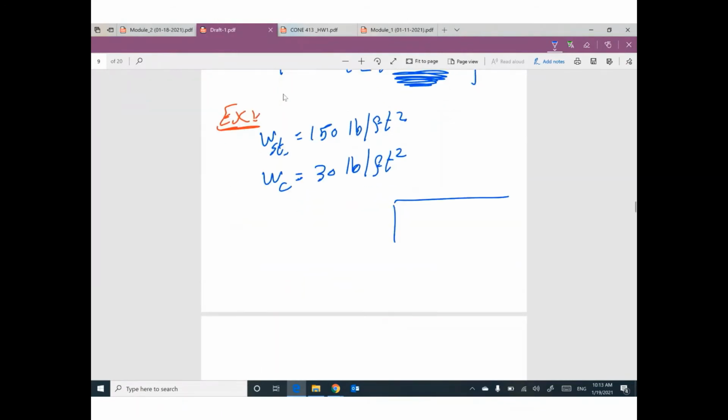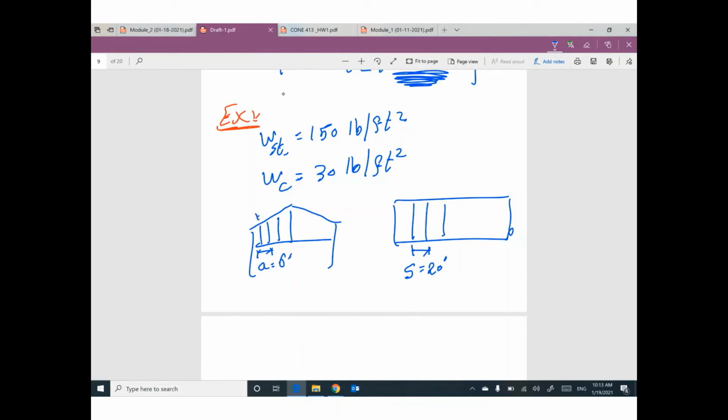I draw my layout and I choose the spacing equal 20 feet. And my selected truss gives me distance A equal 6 feet and the inclined distance A prime equal 6.5 feet.